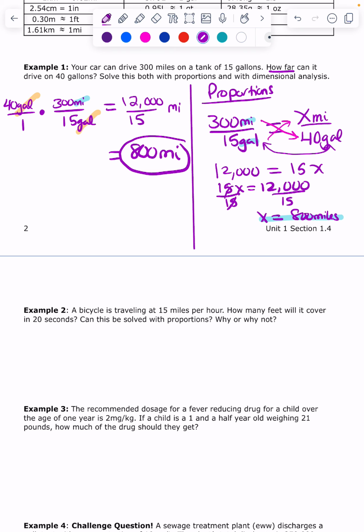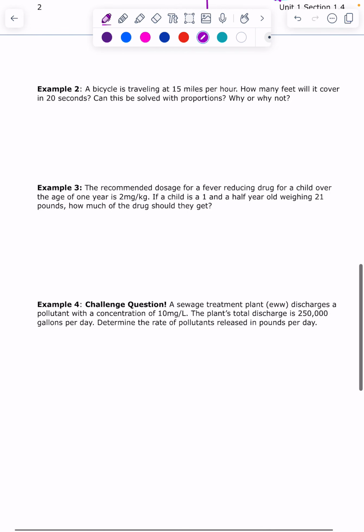The problem is you can't always use proportions to solve dimensional analysis problems. For example, number 2, a bicycle is traveling at 15 miles per hour. How many feet will it cover in 20 seconds? Can this be solved with proportions? Why or why not?